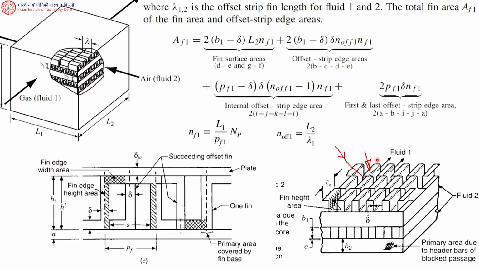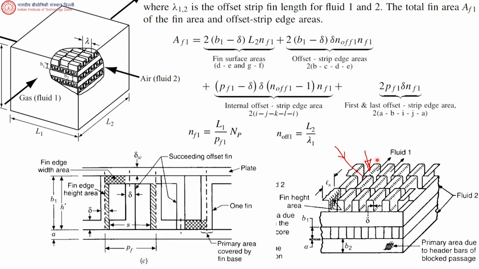So the front side of the first row and the back side of the last row together give you one fin, which has to be excluded from this calculation, because those two faces are not partially blocked. So this calculation takes care of all the fins that are partially blocked because of neighboring fins.